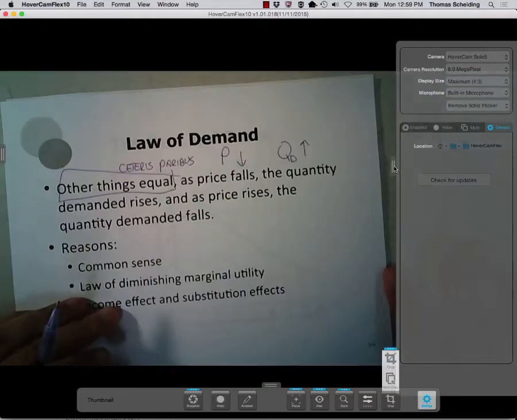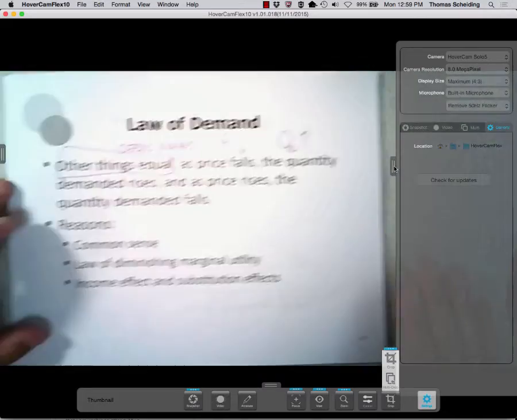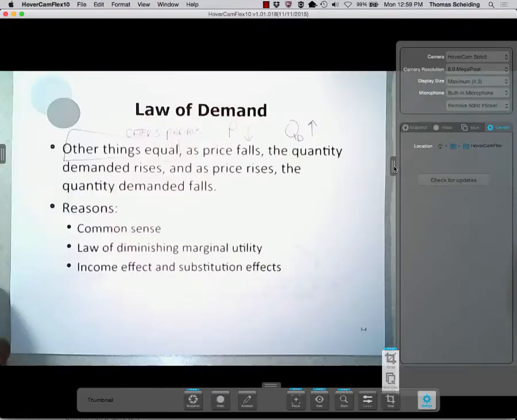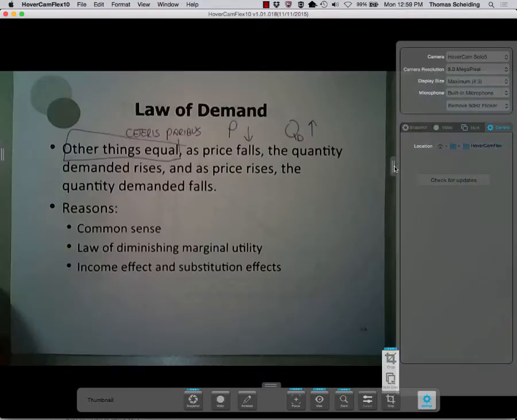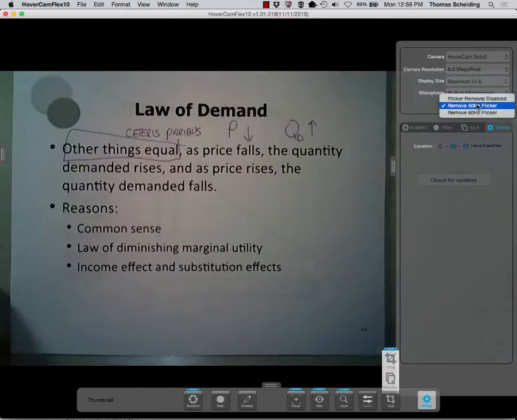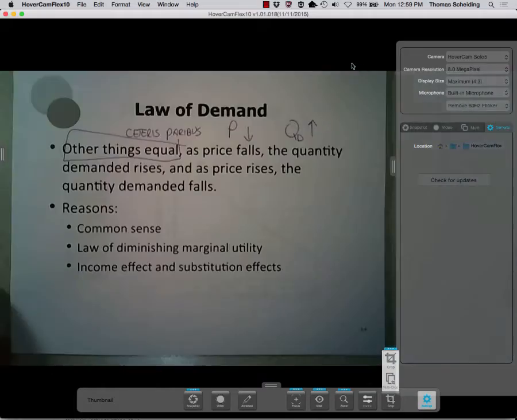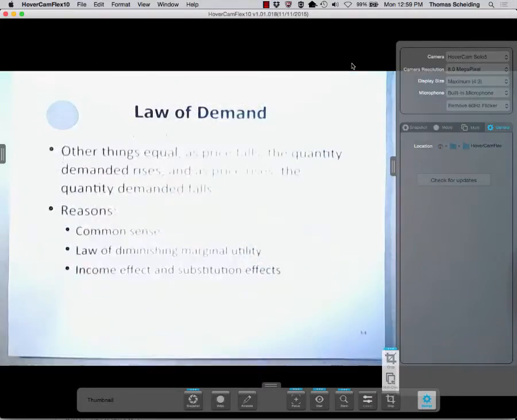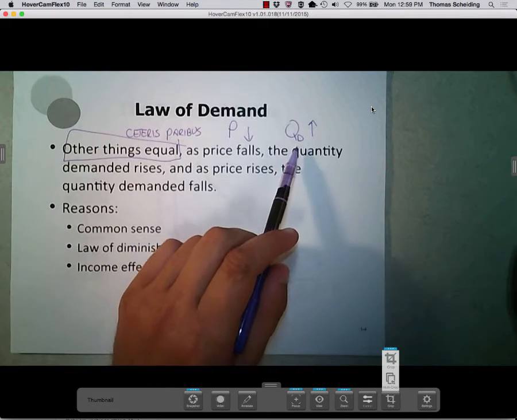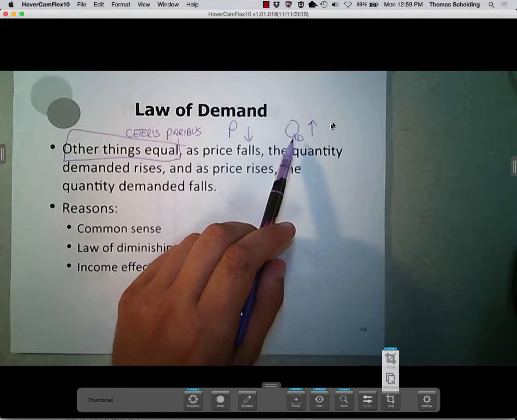I want you to pay particular attention to how I just wrote out the part about the quantity demanded. What I did there was I wrote Q subscript D to imply quantity demanded.